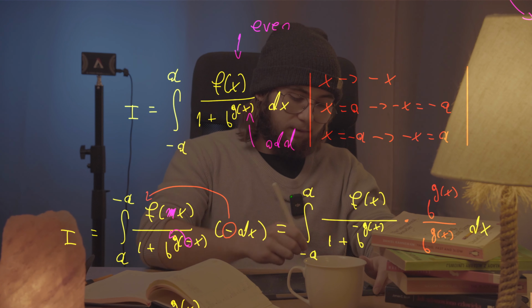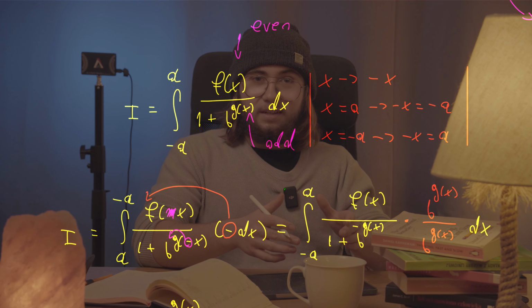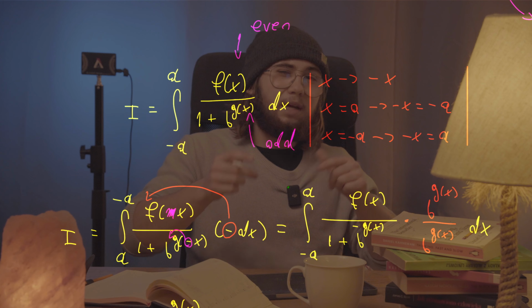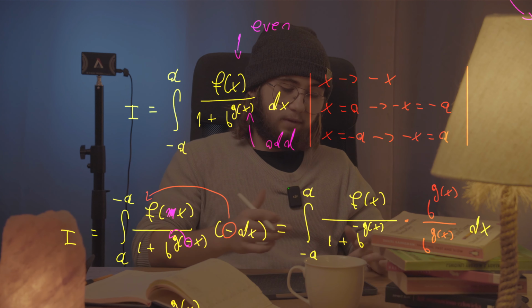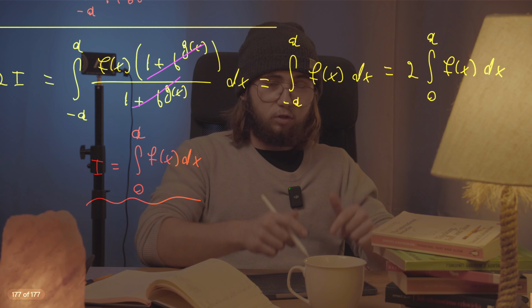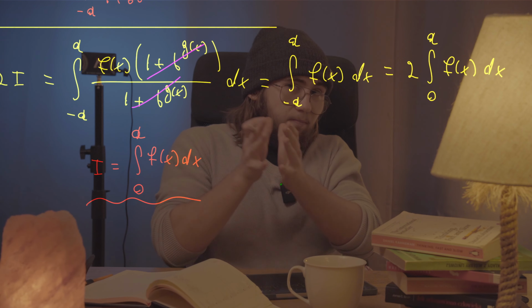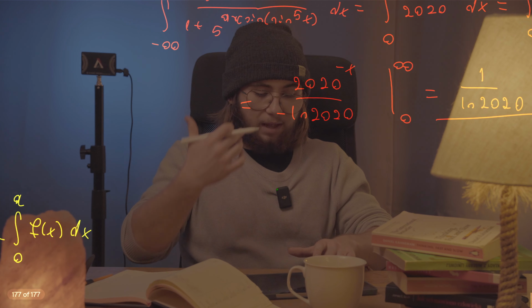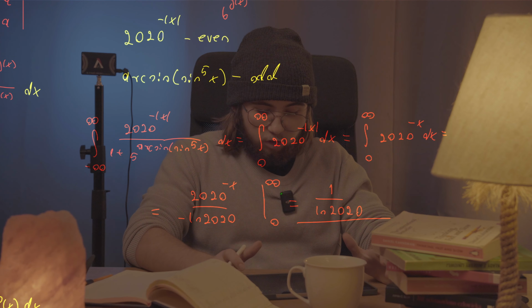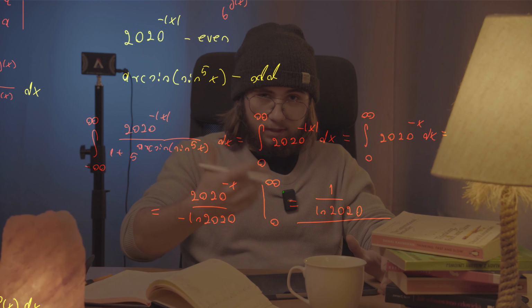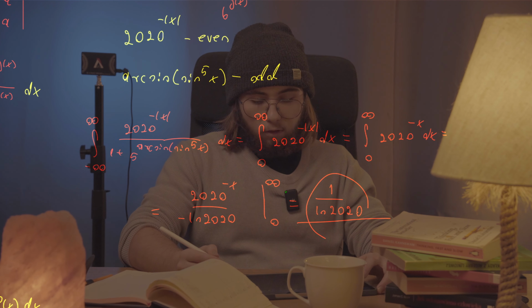Whenever we have some kind of an even function f and some odd function g, then the integral on a symmetric interval of f of x divided by 1 plus some constant b to the power of g of x is just nicely going to be equal to the integral between 0 and a of that even f of x with respect to x. And so then we just plug this nice fact into our original problem, getting that it is going to just come down to 1 over the natural log of 2020.